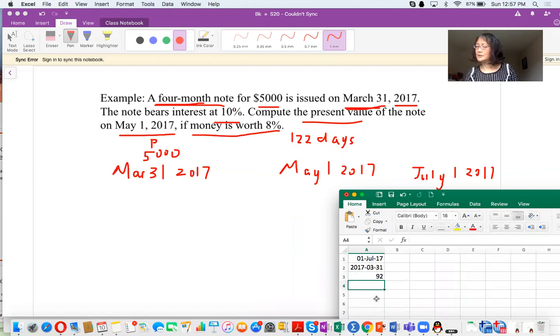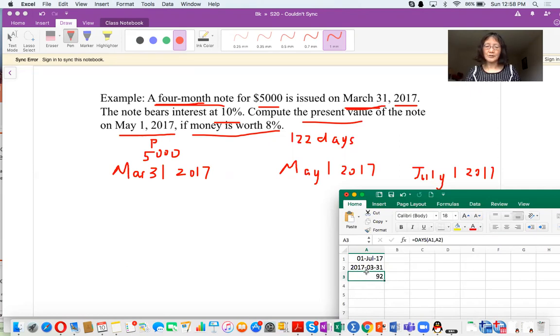That's not right. We want to calculate how many days between March 31st and July 1st. I will try another function, days, with the end date and the start date. I still get 92 days.